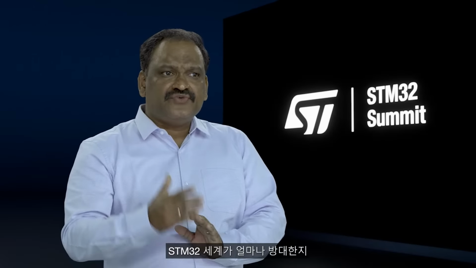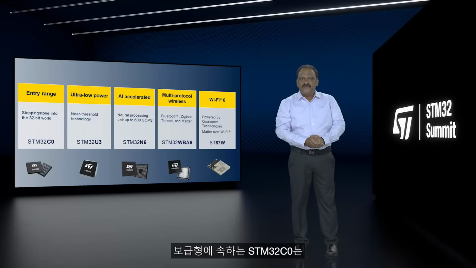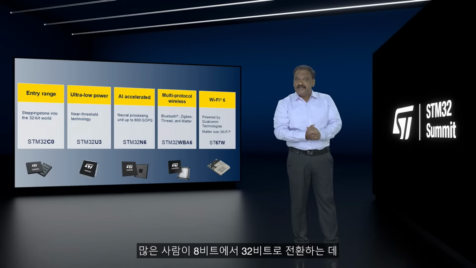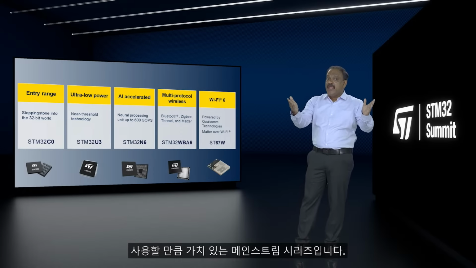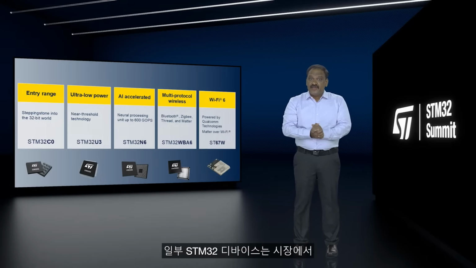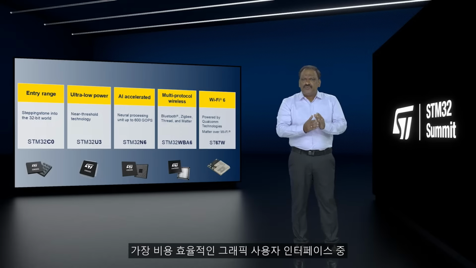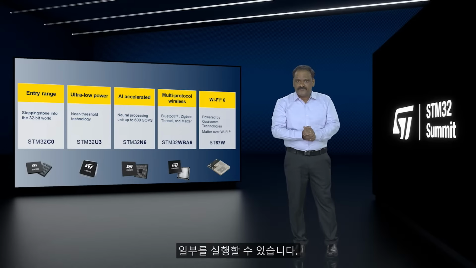Here are just a few highlights of our latest products to give you a taste of how big the STM32 universe is. At the entry level, we have the STM32 mainstream series that provides such value that many use it to transition from 8-bit to 32-bit. Some STM32 devices can even run some of the most cost-effective graphical user interfaces on the market.